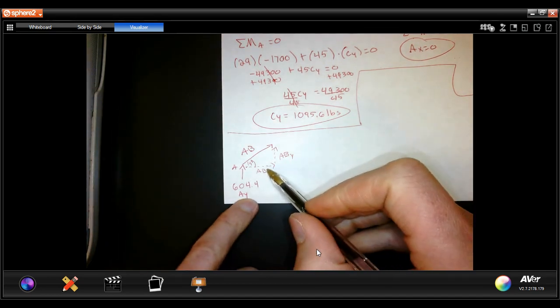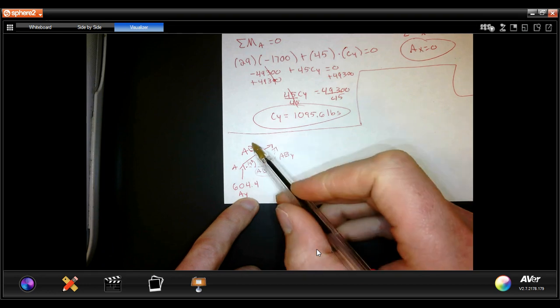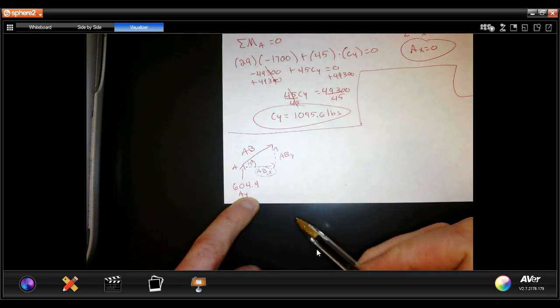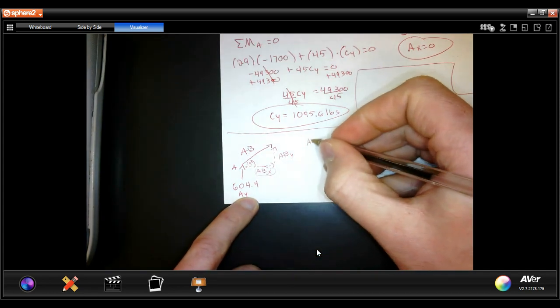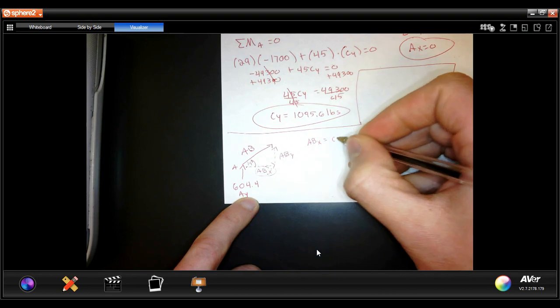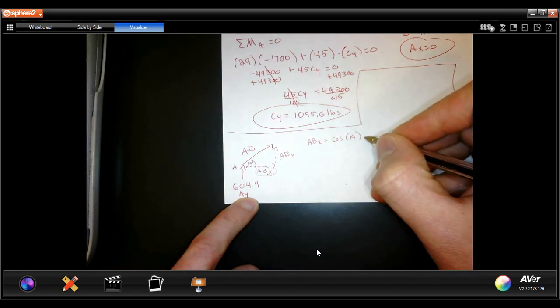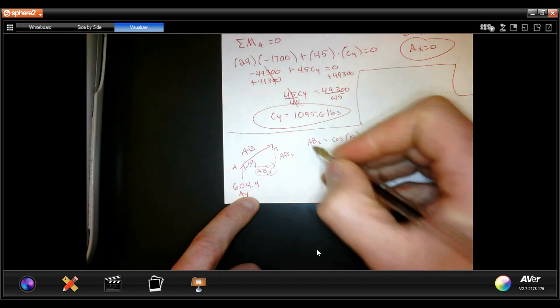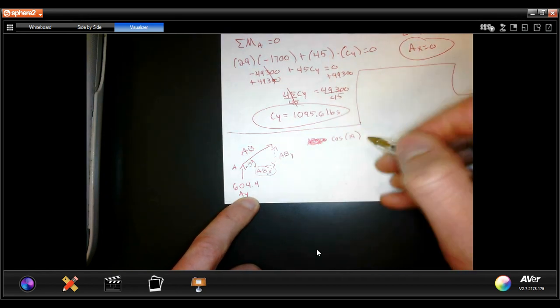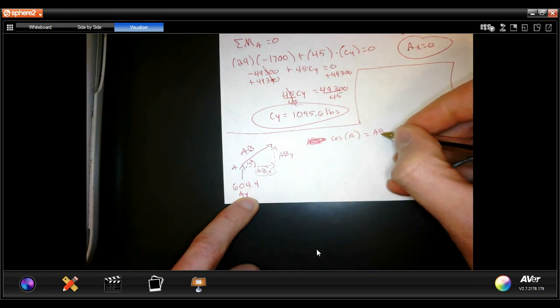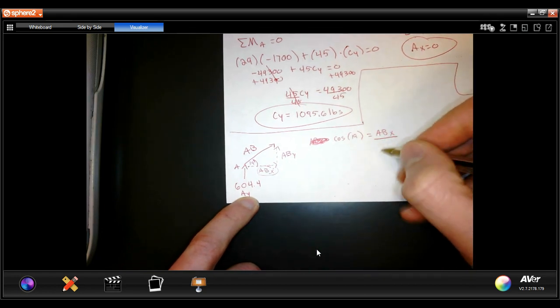If we're going to focus on ABX and use the hypotenuse, that would be cosine, because we're using the adjacent and the hypotenuse. So the cosine of 19 degrees is equal to ABX divided by AB.